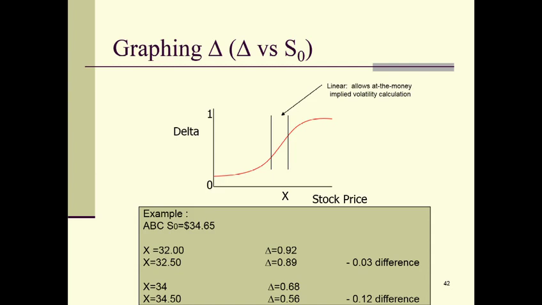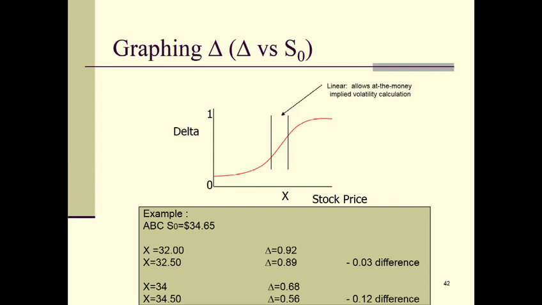What about the second set? Well, this second set is at the money, right? Or near the money. Okay? So given that the delta for each of these is as shown here, you find that the difference here is smaller than the difference here.